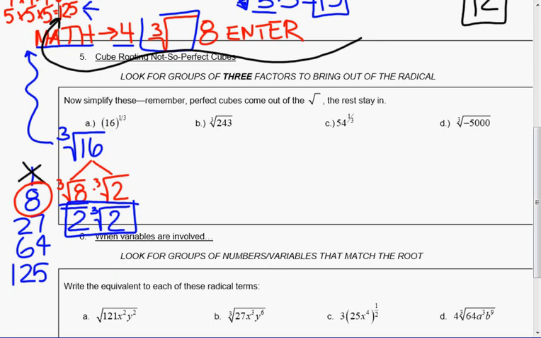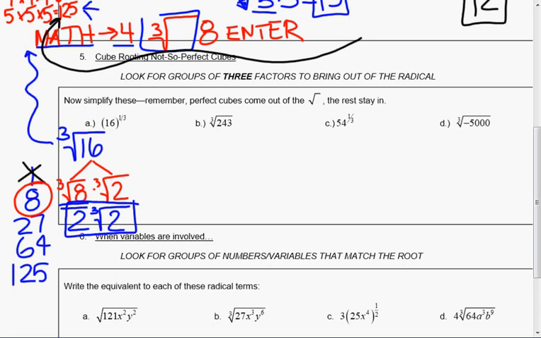So let's go ahead and look to letter B. So now we want to look to the side, and we want to see which numbers go into 243. So now go ahead and try B through D on your own.